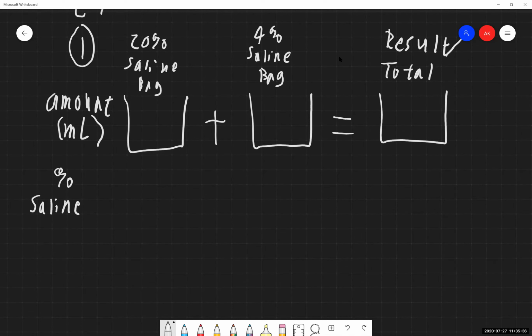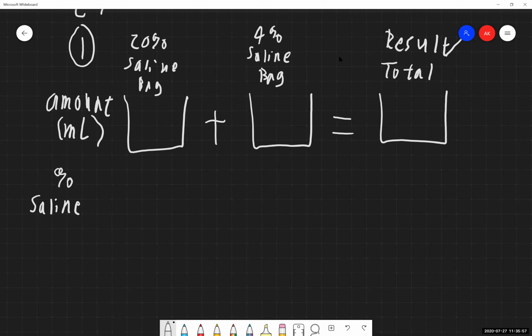And I say we need to be specific on this because I could give you an instance where maybe the first bag is 20% saline and 80% some other thing, some other compounds, mixtures, whatever it may be. Maybe the second bag is 4% saline and then 96% something else.